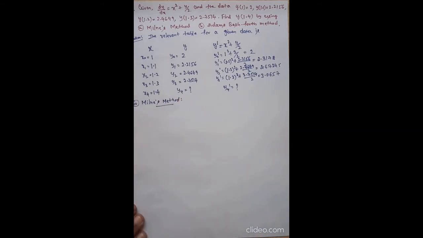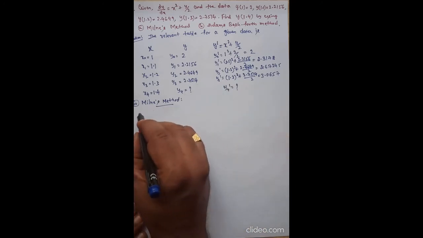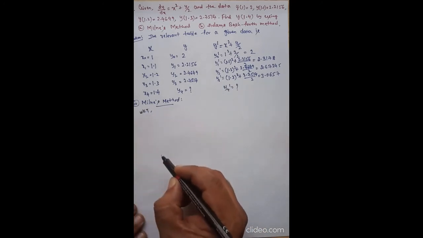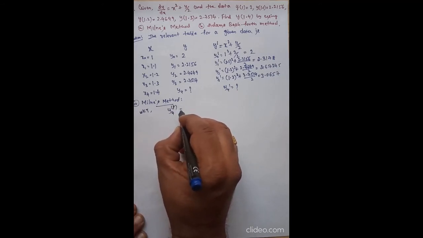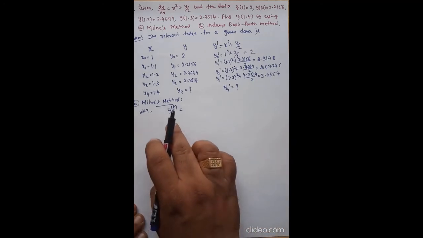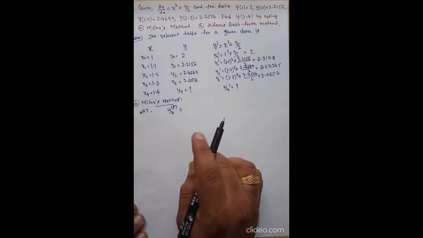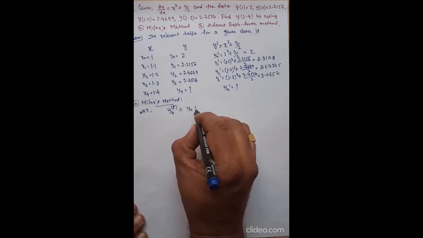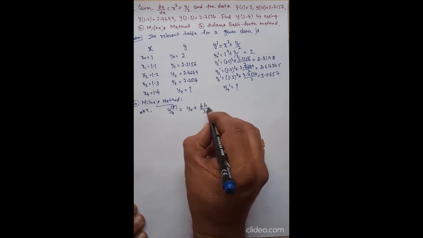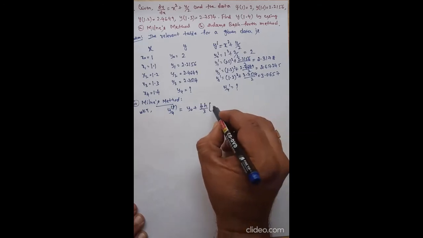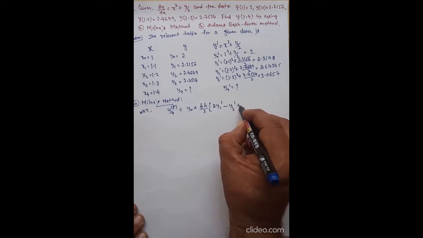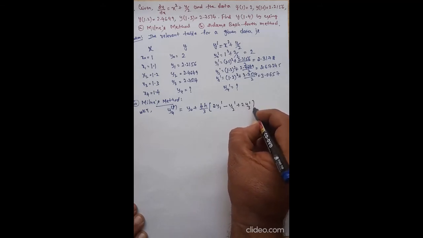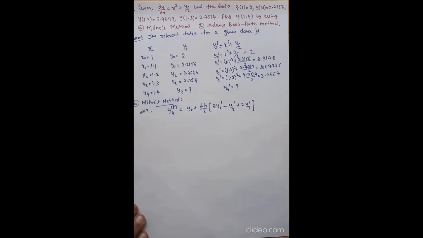So now you know, to solve a problem by using Milne's method, first you have to find a predicted value using Milne's predictor formula, which is given by y4 power p equals y naught plus 4h by 3 into 2y1 dash minus y2 dash plus 2y3 dash. So this is Milne's predictor formula.